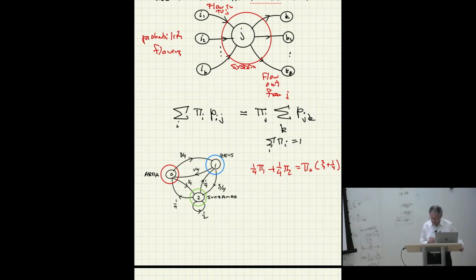Around the second state, the blue state, I could do a similar thing. What's flowing in is 3/4 from pi 0 plus 1/4 from pi 2. That's going to equal, out of pi 1, again, a quarter plus 3/4.